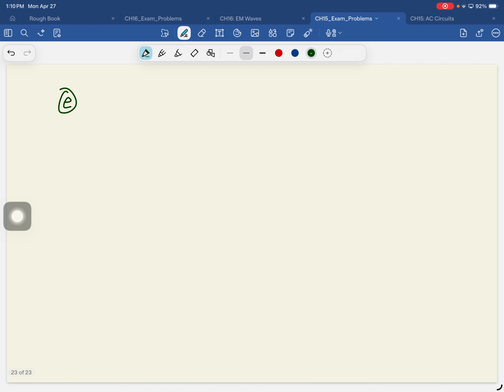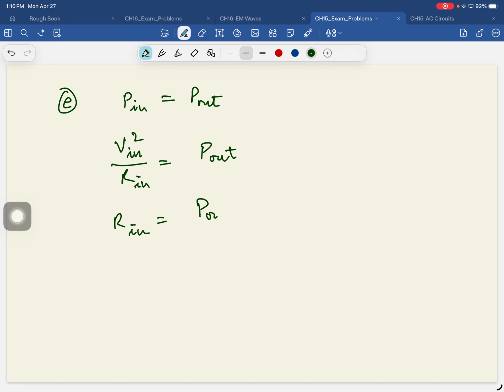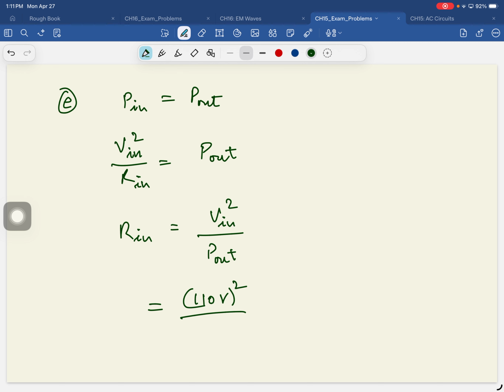Okay, P in equal to P out, V in squared divided by R. Input voltage was 110 volts squared, and output power was that.